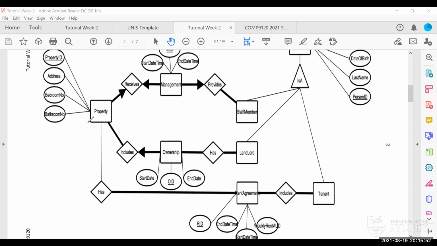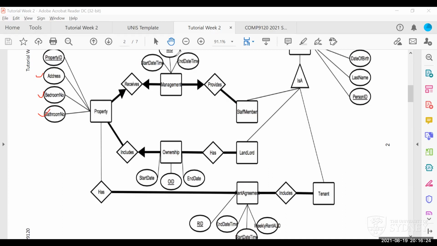Yes, that's correct. If you read through the second sentence, it says that each property has an address, a number of bedrooms, a number of bathrooms, and also car spaces. In this case, we can see that the car spaces is not there. So it is missing. That's actually the first mistake we spot.